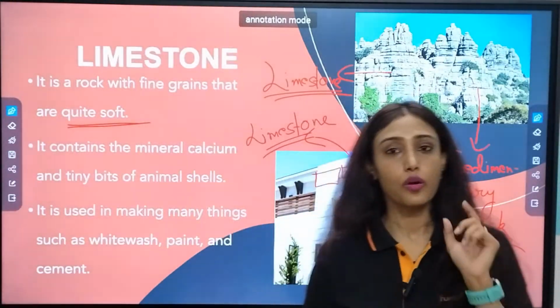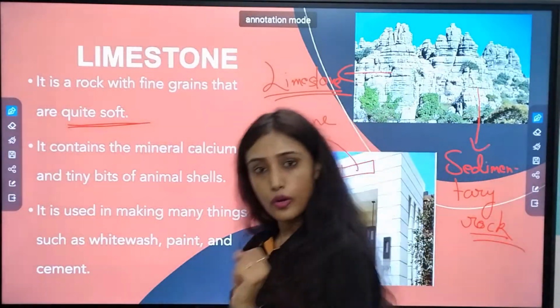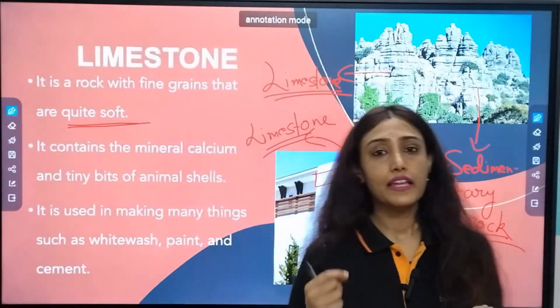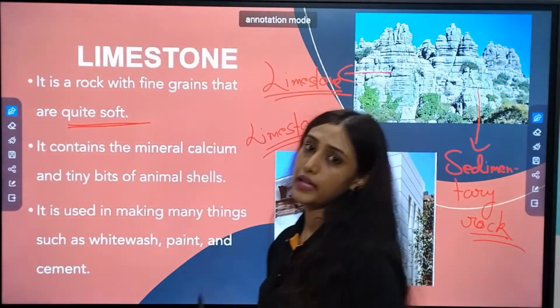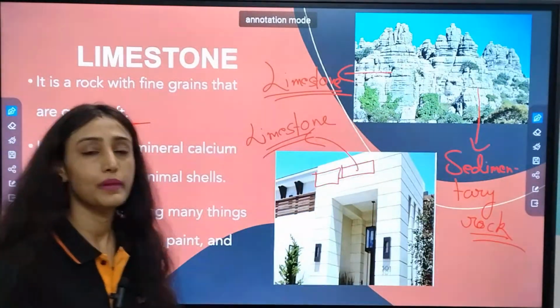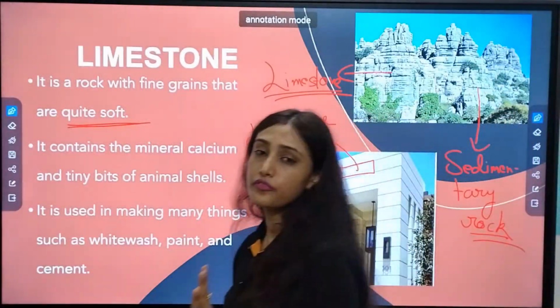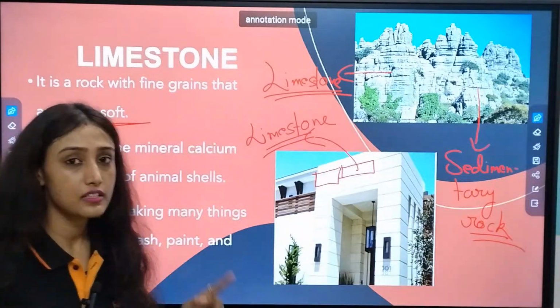So that is why conglomerate is hard. And why is shale very soft? Because it is made up not of sand but of clay. So have you understood the difference between the four types of rock you have just read?